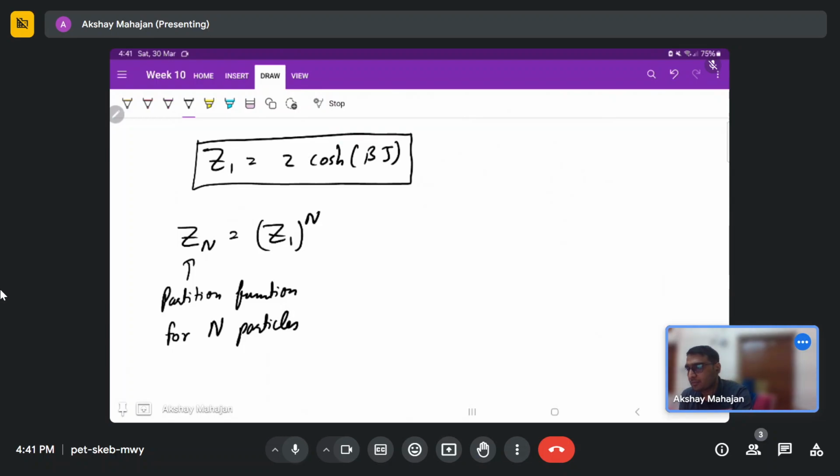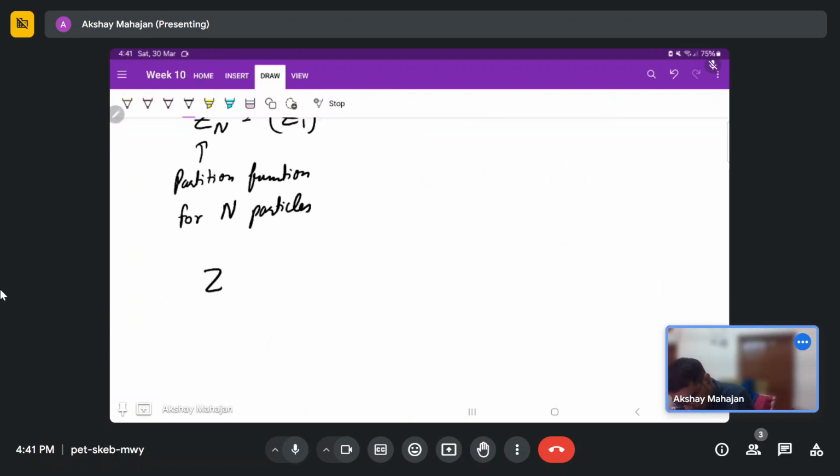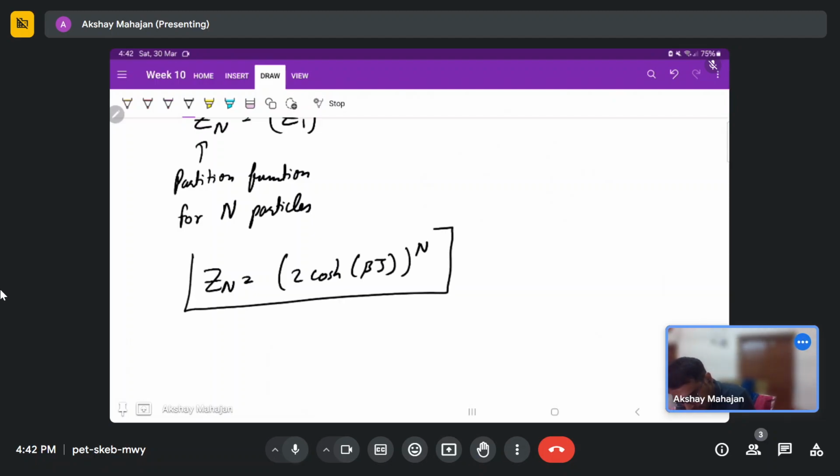It means our Zn will be equal to 2 cos hyperbolic beta J whole to the power n. But now the problem is not solved here, because we have to consider something called multiplicity as well.